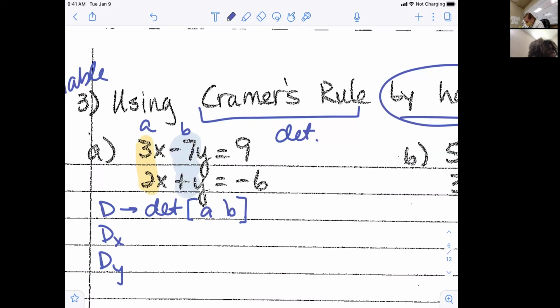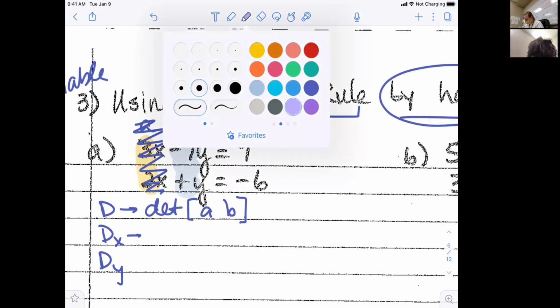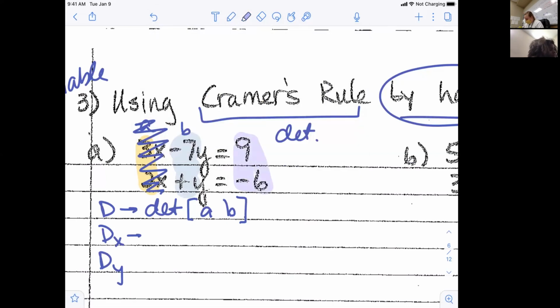Dx is if we are not including my X column. So I'm not including A, I'm including B, and then I'm including the last one, which is C. Now, it does not go in ABC order like I want it to. If I'm not including A, then I'm replacing A with C, the answers.